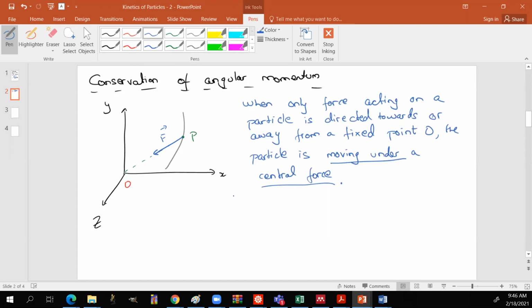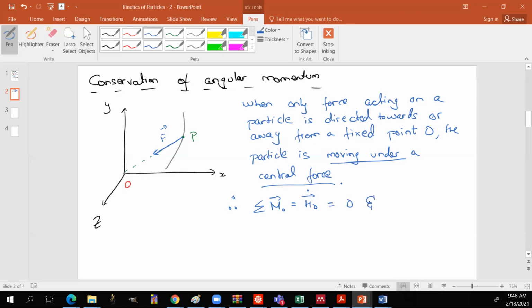All right, so what that means is that the sum of moments, which is equal to the rate of change of angular momentum, is going to equal 0. Why? Because the moment about the point O of any force that's pointed towards O is going to equal 0.